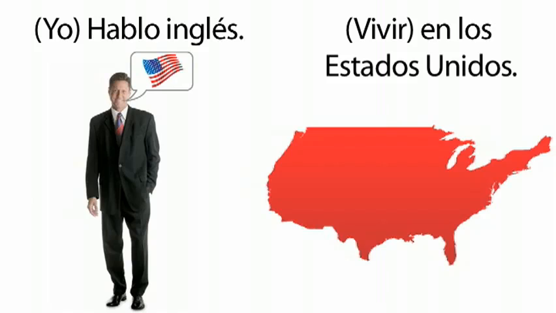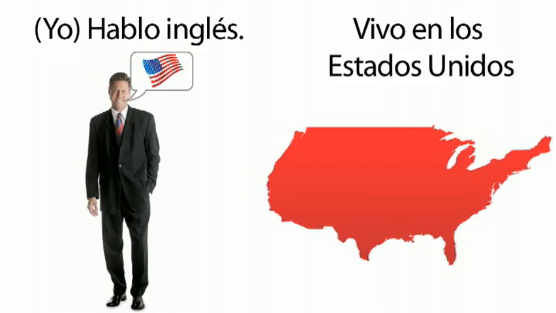I want you to conjugate vivir so that it says, I live in the United States. So, what would your answer be? Vivo. Find the stem, V-I-V, and then add the yo ending. Hablo inglés, vivo en los Estados Unidos.